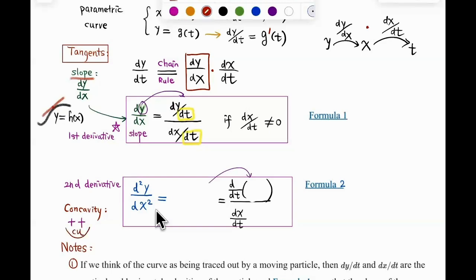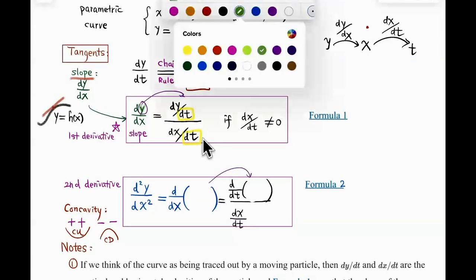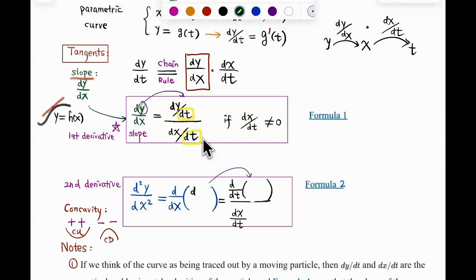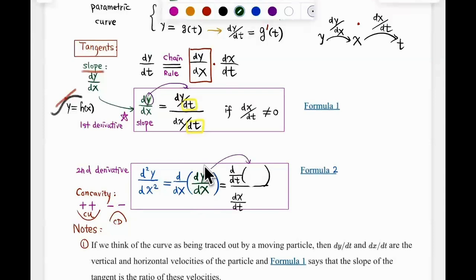If the second derivative is negative, then the curve is going to be concave down, right? So if you want to see the concavity, we look at the second derivative, which is taking the derivative with respect to x one more time. So we're going to differentiate the first derivative with respect to x one more time. I just put the dy/dx here and then differentiate that with respect to x.